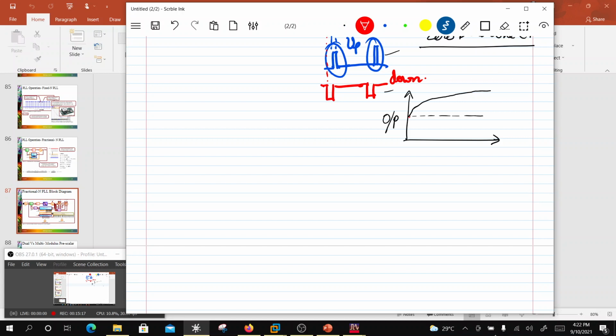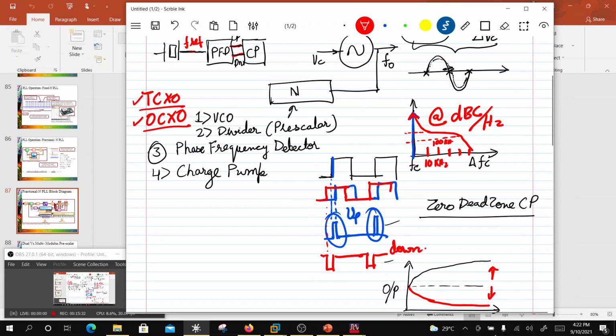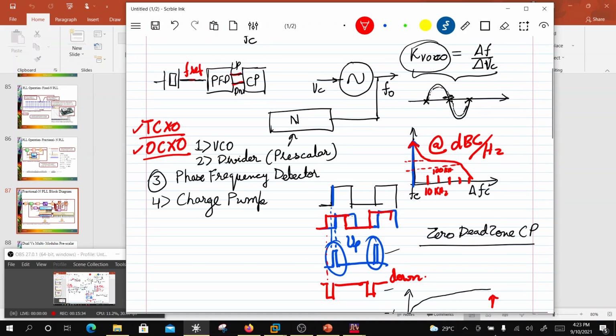Similarly, if I have down pulses, then this is going to integrate, go down and then saturate somewhere. So we have up pulses taking the voltage up and down pulses taking the voltage down, and this voltage is a control voltage which is controlling this VCO. So that's the whole idea.